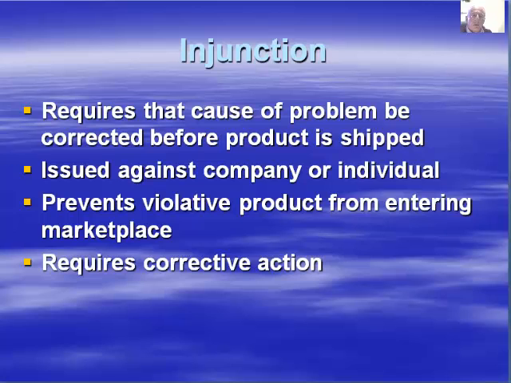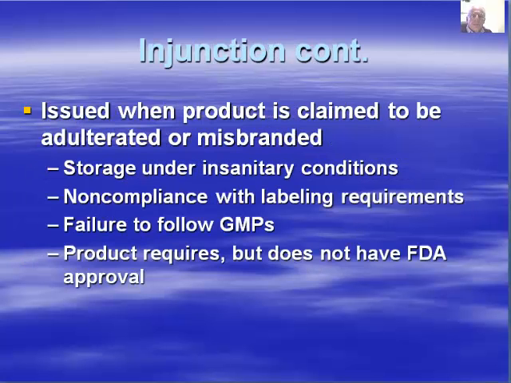And as we talked about with HACCP, injunction actions require that corrective action be taken with the product that is being held under an injunction. It's issued because a product is claimed to be adulterated or misbranded. Examples would be the product has been stored under insanitary conditions.